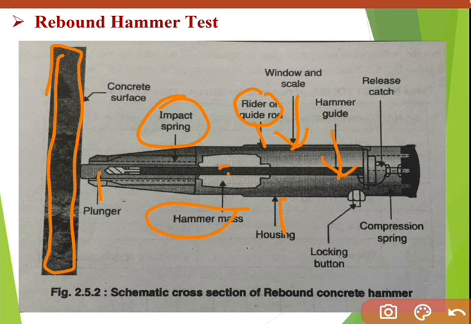This bar is the hammer guide. Here you can see the release catch. This is the locking button. Here you can see the compression spring. So this is the component detailing of the rebound hammer test.